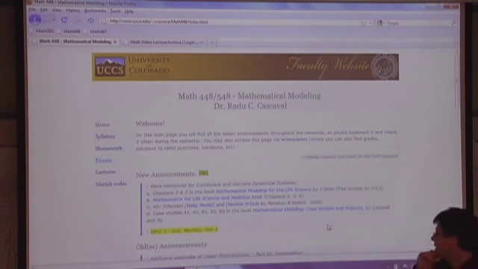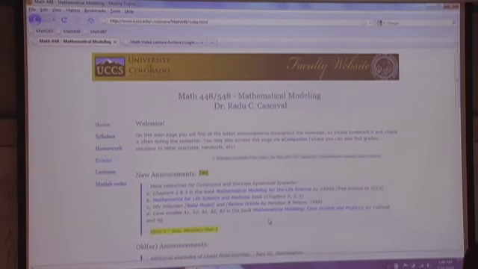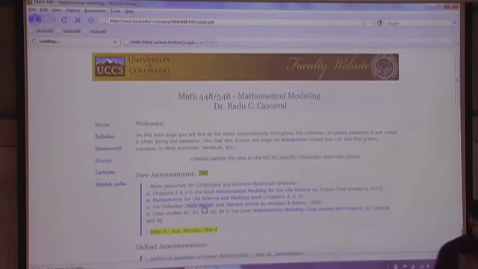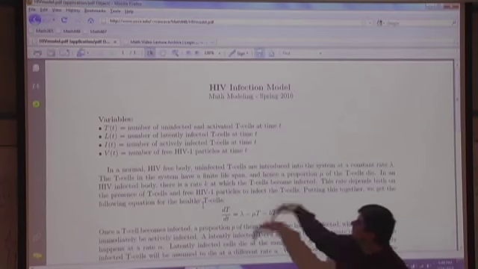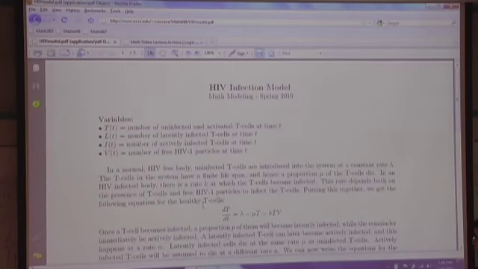So this particular one that I call baby model is just one sheet that I put together for a model that describes sort of dynamics of the HIV infection in a certain organism.